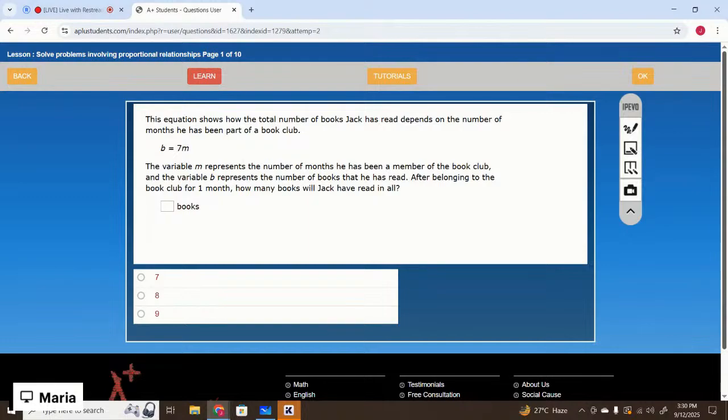B equals 7m. The variable m represents the number of months he has been a member of the book club, and the variable B represents the number of books that he has read. After belonging to the book club for 1 month, how many books will Jack have read in all?